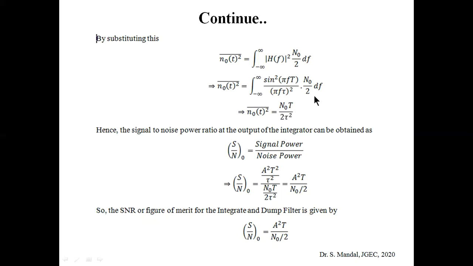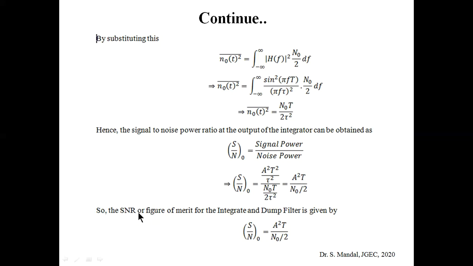So ultimately we get the noise power, and we already have the signal power also. So what will be the output signal to noise ratio of the integrator? That is the ratio of signal power to noise power. We know the signal power is A²T²/τ², and the noise power is N0 T/2τ². So ultimately we get A²T divided by N0/2.